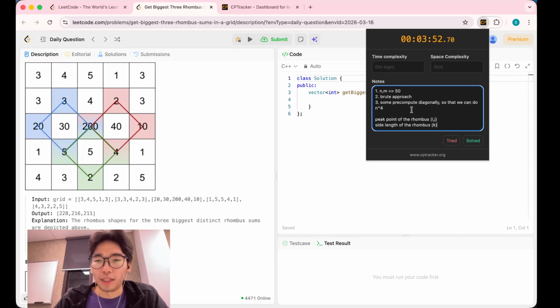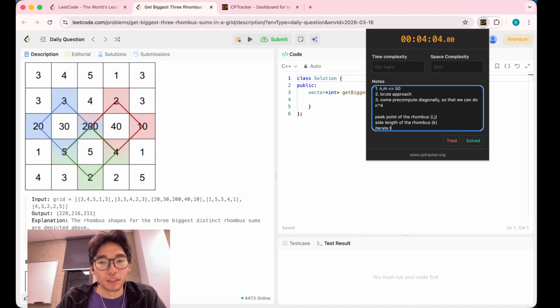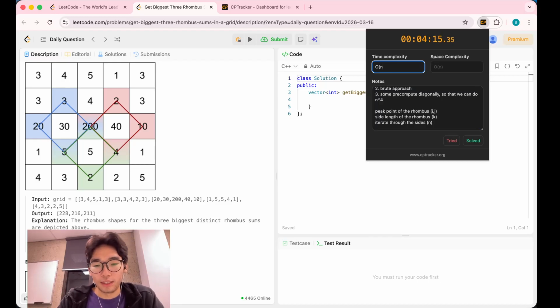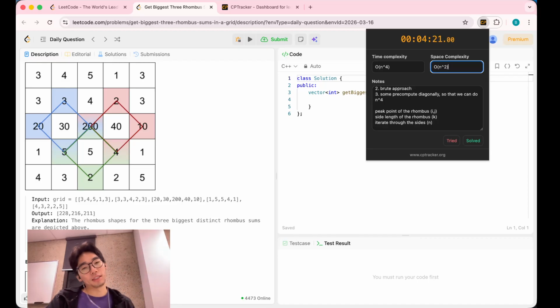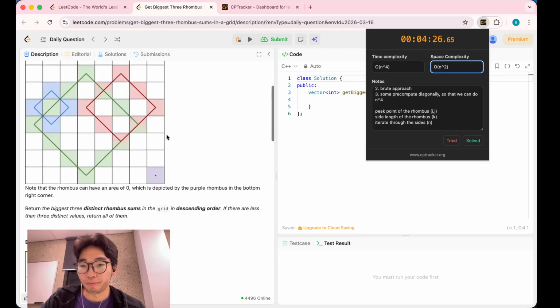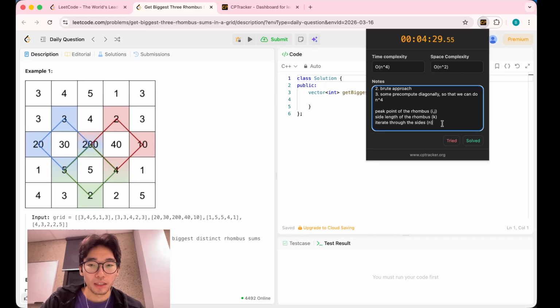So we don't really have to do any pre-computing, because just by this we can do n to the power of 4. Then we iterate through the sides, which also takes n. So the time complexity would be n to the power of 4, on top of the base complexity of n squared, which is just the initial grid size.